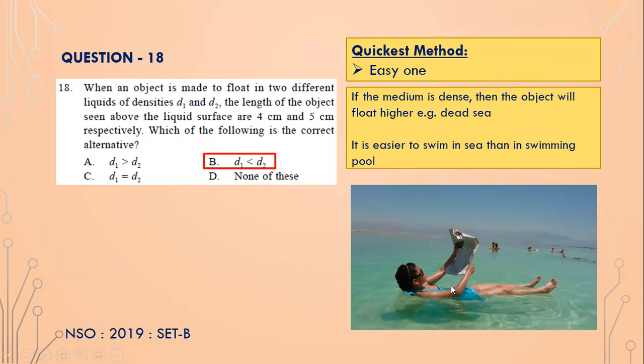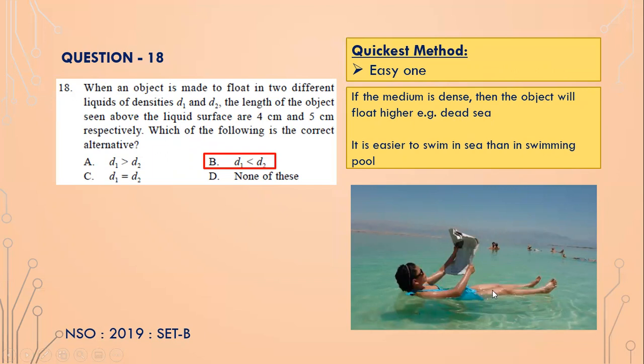This person can easily float. This person is reading a newspaper because the Dead Sea has one of the highest concentrations of salty water. It is so salty, and salty water is extremely dense, that a person can easily float on it. So the higher the density, the more easily a person can float, even higher, isn't it?